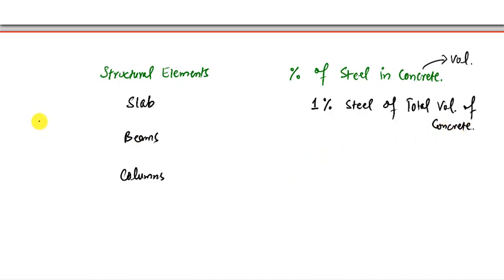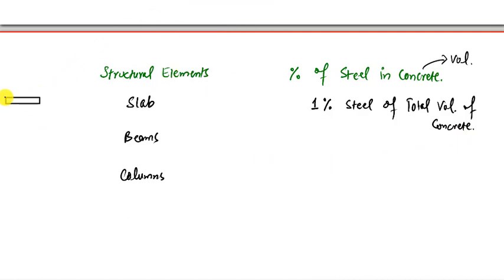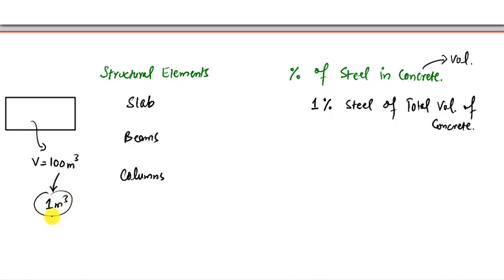right? Like if we have a slab and let's say the volume of slab is equal to 100 meter cube, then we will consider 1%. 1% means 1 meter cube. Around this, it should contain steel in it, right?